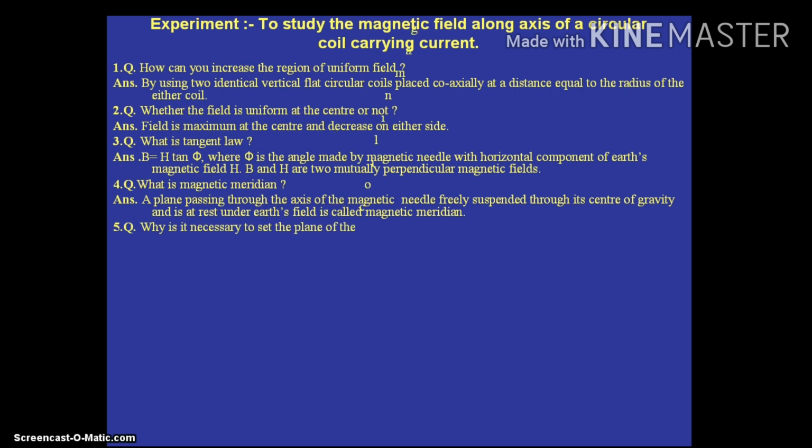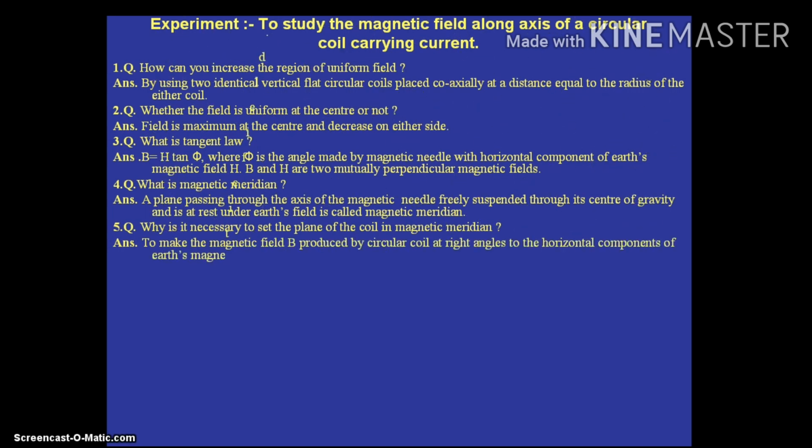The next question is: why is it necessary to set the plane of the coil in the magnetic meridian? It is to make the magnetic field B produced by the circular coil at right angle to the horizontal component of the Earth's magnetic field.